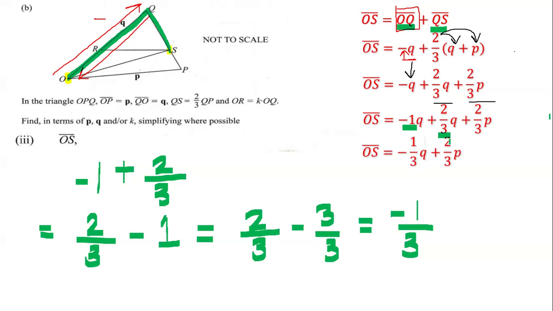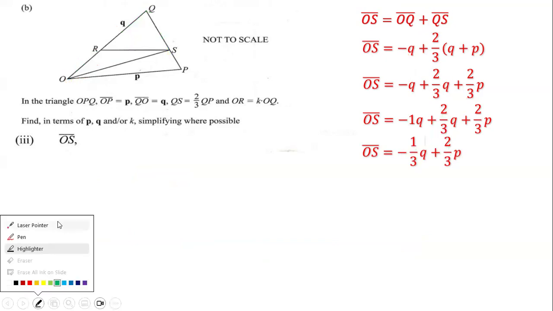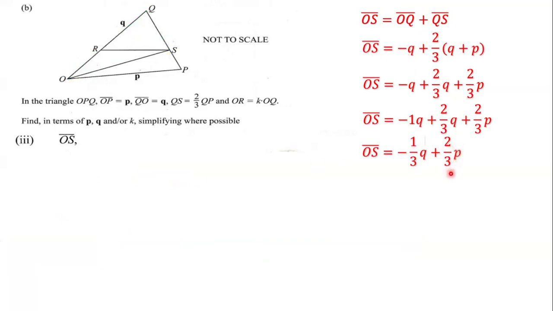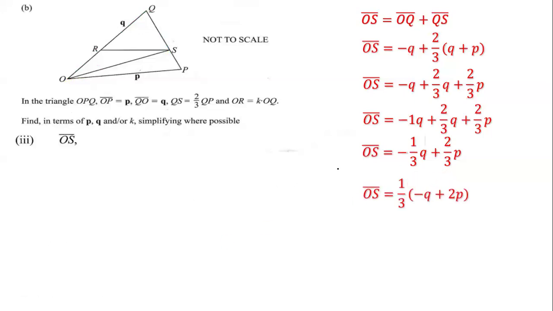And we just put the positive 2 over 3P. Now, what else can we do? Well, we can factor something out. I can factor out a third. If you notice carefully, it makes sense, because if we factor out a third, we can multiply 1 over 3 by -Q, and that's how we get -1 over 3Q.